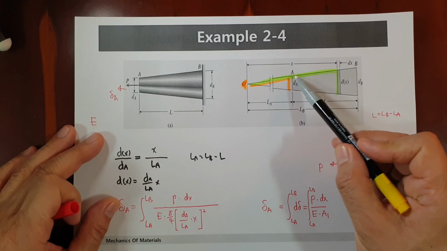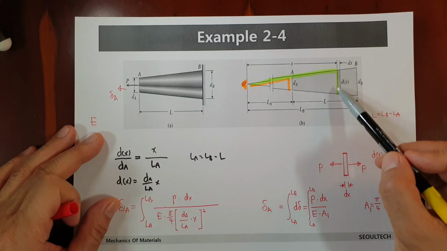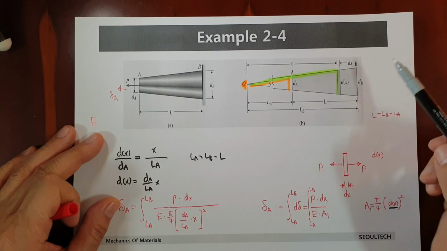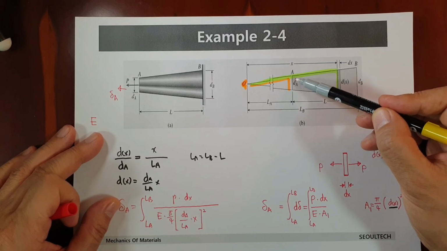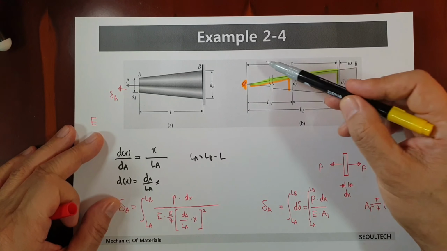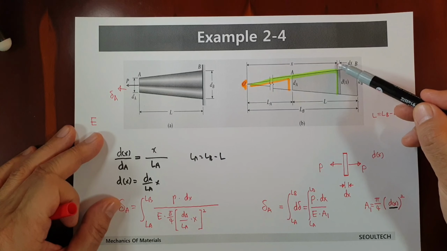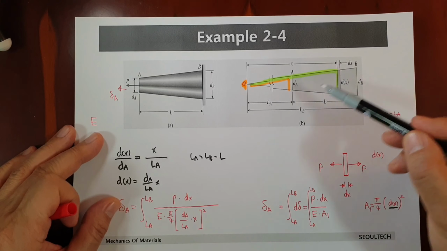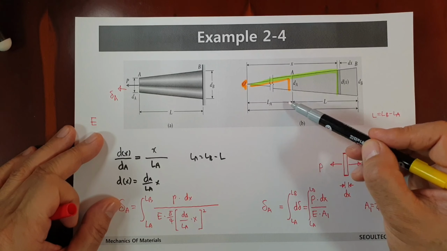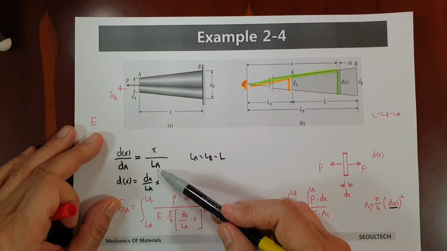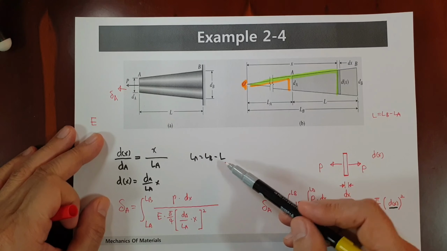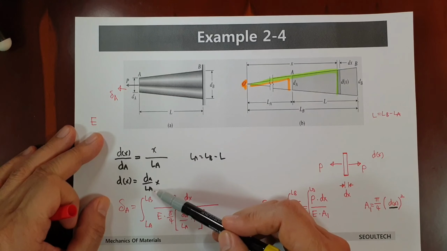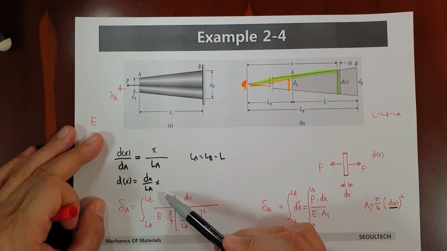When you consider this small triangle and large triangle, this radius over dA is x over LA. Okay, you can draw it this way. Next, LA is given, and when I rearrange this, then you can have this relationship.